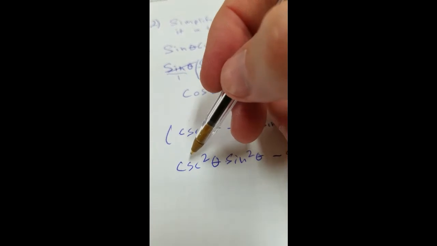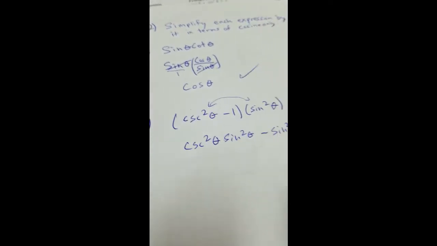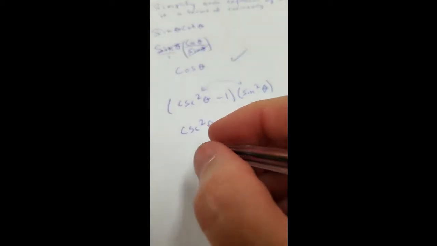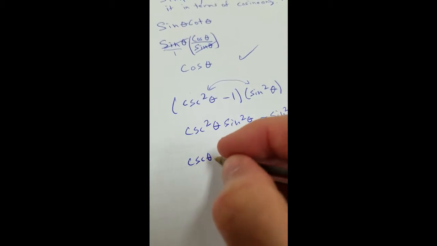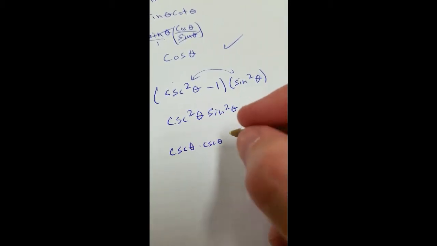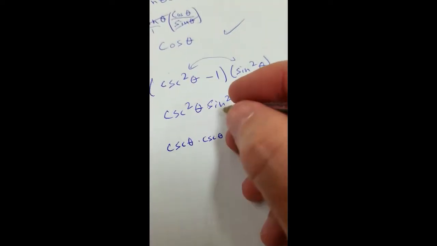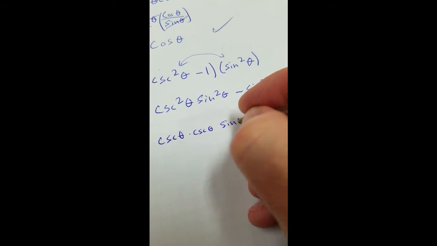Okay, well, what's the relationship between cosecant and sine? You don't have to write it out this way, but let's just spell it out a little bit at a time here. Cosecant squared is cosecant of theta times cosecant of theta. And sine squared is sine times sine.